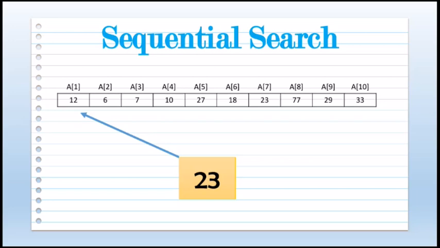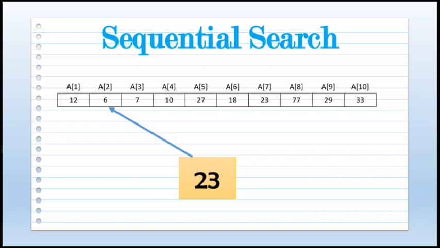So is 12 equal to 23? No, the condition is false. That means we will sequentially move to the next element. So now we will compare our searching element with the second element. Is 6 equal to 23? No, again the condition is false.